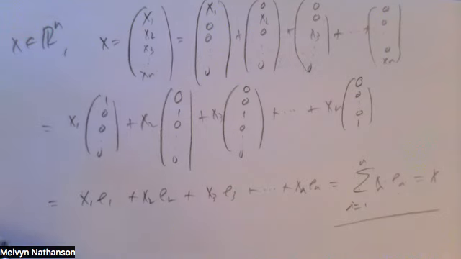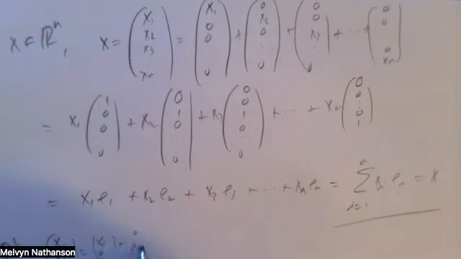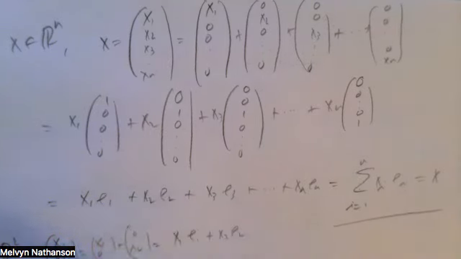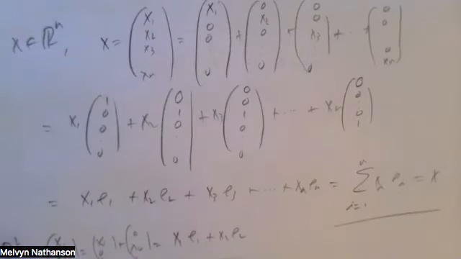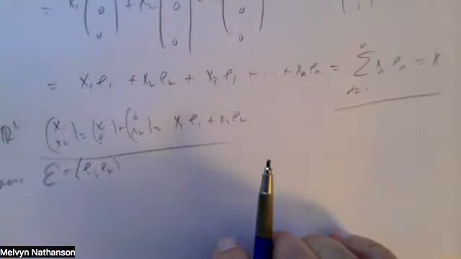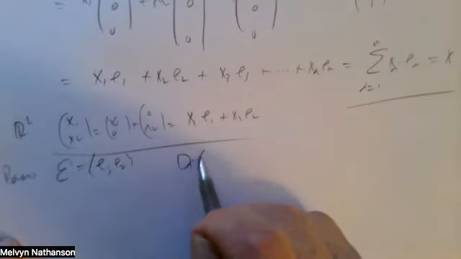So for example, in R2, any vector x1, x2 is x1, 0 plus 0, x2. That's x1 e1 plus x2 e2, where we're taking our basis E to consist of the vectors e1 and e2. Suppose I take a different basis.